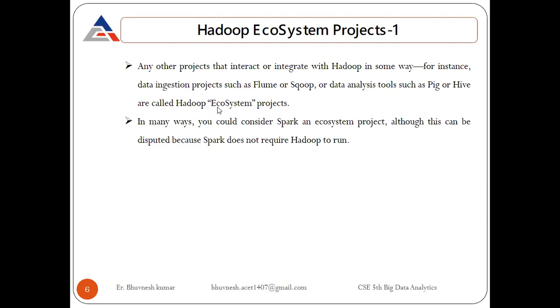That all comes under a single Hadoop ecosystem. In many ways, you could consider Spark an ecosystem project, although this can be disputed because Spark does not require Hadoop to run. Spark is also Apache software used to analyze your data, but it does not come under the Hadoop environment. It works the same as Pig, but it works individually.